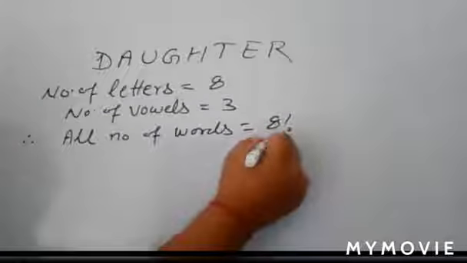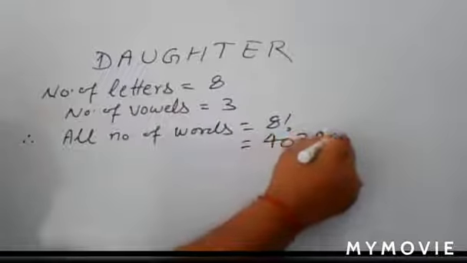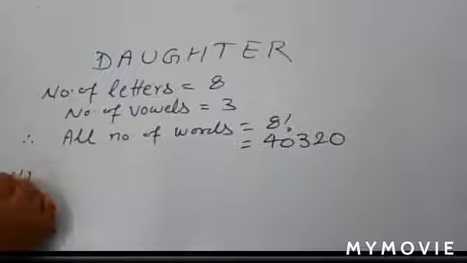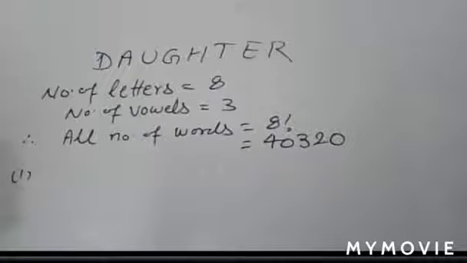So you write it here, 40,320 is the value of factorial 8. Now you come to your first part. In the first part what is given? All the vowels are always together. And here you have 3 vowels.